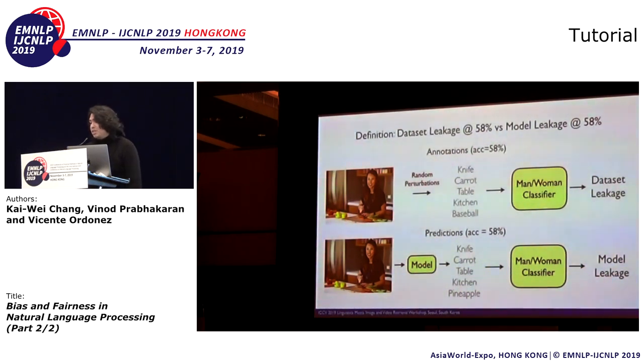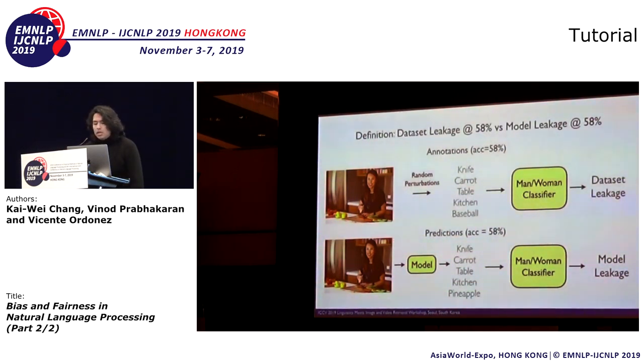So the difference between these two sets of predictions is that in the first set, whenever there is an incorrect label, it's always because we randomly flip it with something else. In the model below, whenever we have an error, it's due to some systematic pattern that the model learned.